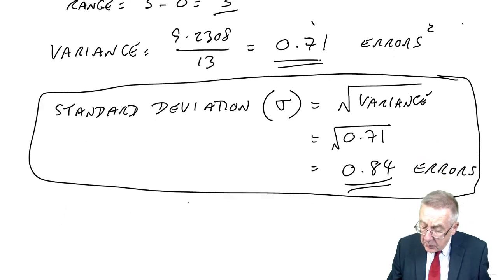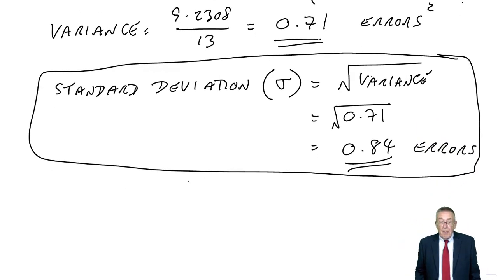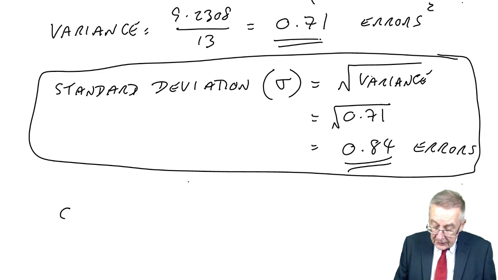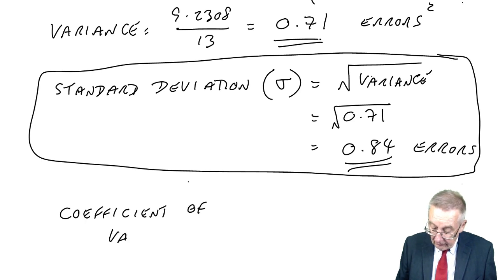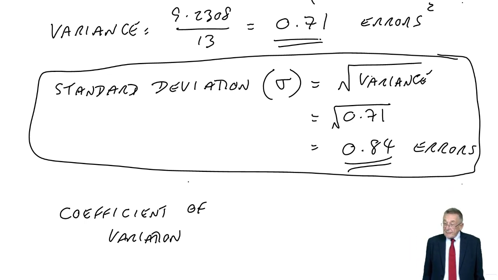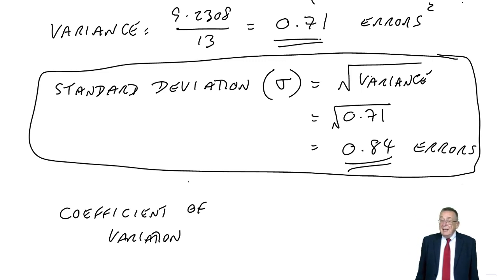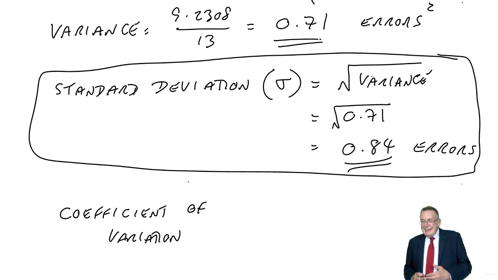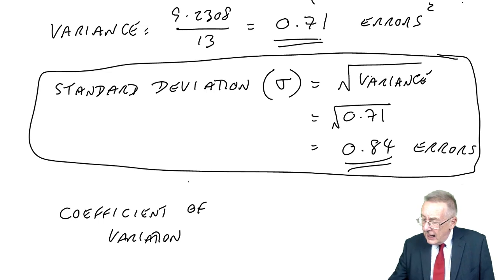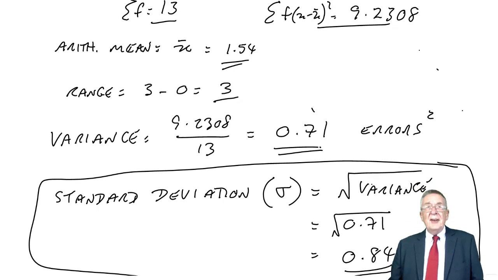One more, which is less important, but just could be relevant, is something called the coefficient of variation. And before I write down what it is, let me explain the importance of it. Is 0.84 a big spread or a small spread? Well, I don't know. Here our average was 1.54.